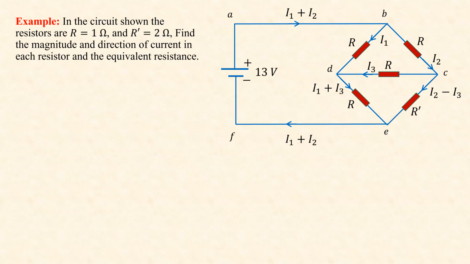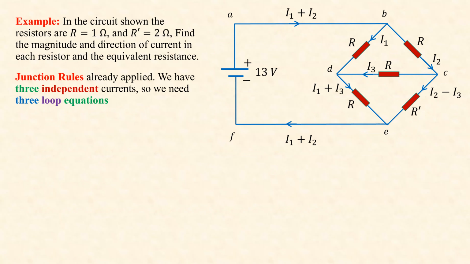Now we have this situation. The junction rule is already applied. We have 3 independent currents, so we need 3 loop equations. You can choose any loop you want. For example, it can be this loop, the outside loop. It can be this one.